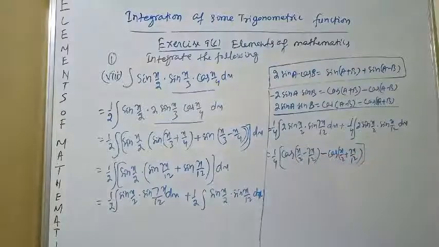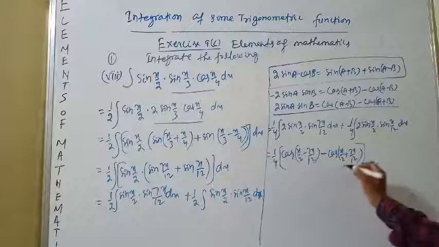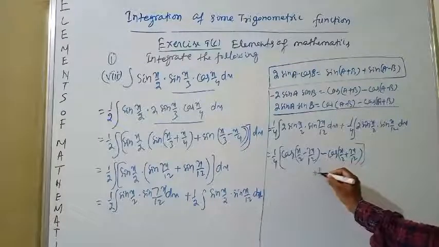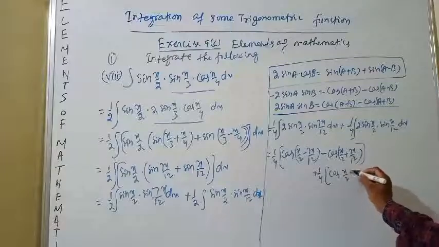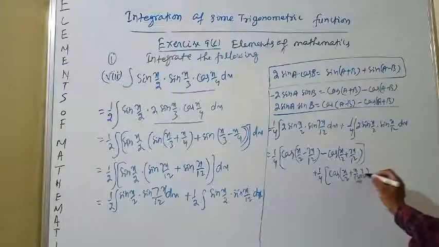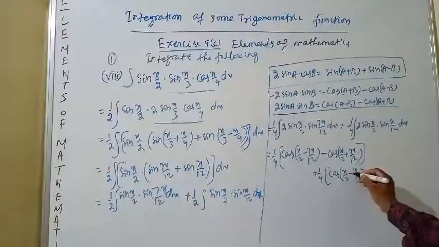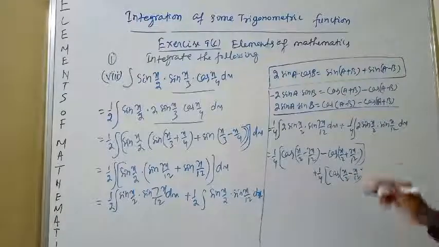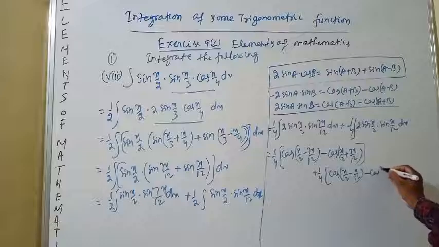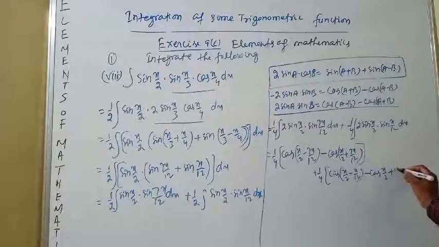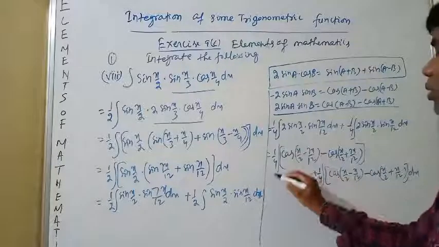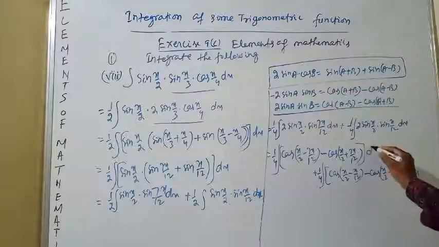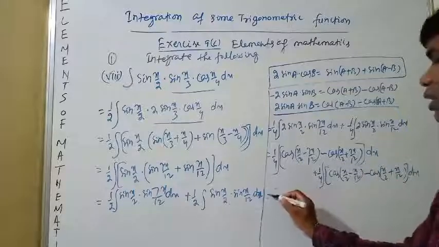This is one portion. The second one, you write plus 1 by 4, here also cos of x by 2 minus x by 12, minus cos of x by 2 plus x by 12, dx. Here integration, here also integration dx, is equal to 1 by 4.